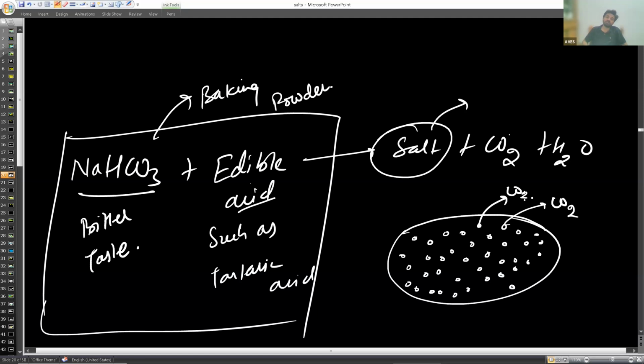Like you see, breads are spongy. Why are they spongy? Because the CO2 is eliminated out and that place becomes spongy. Okay, you understood now? So note this one.